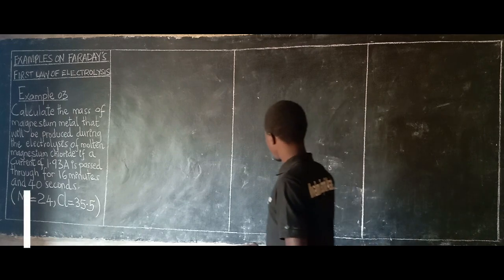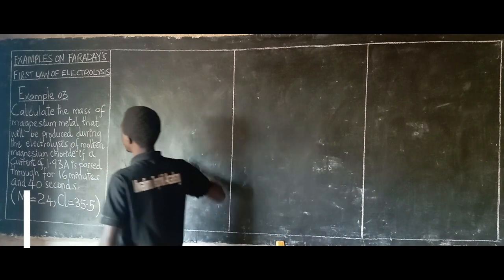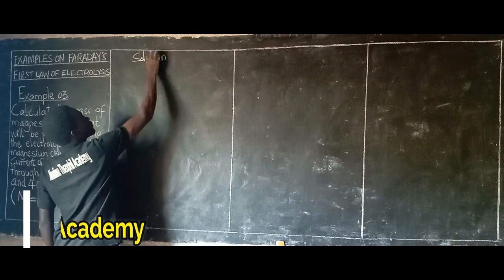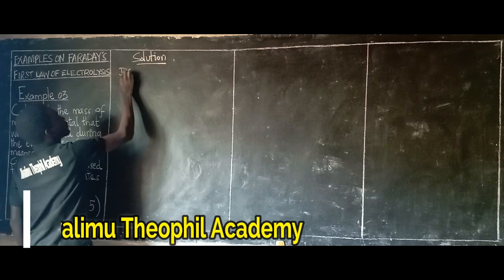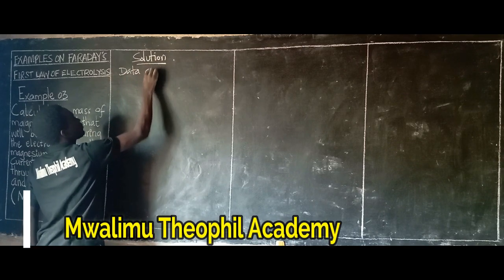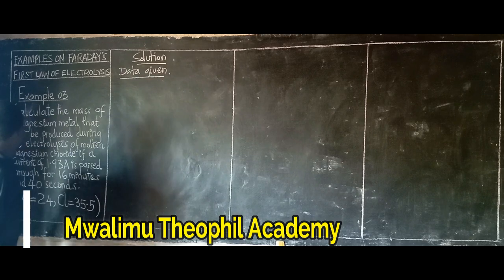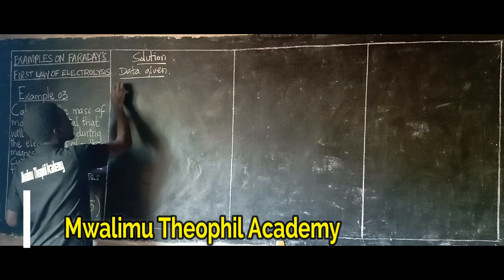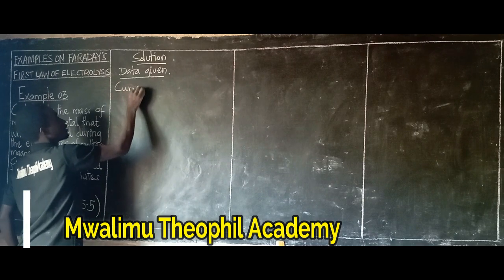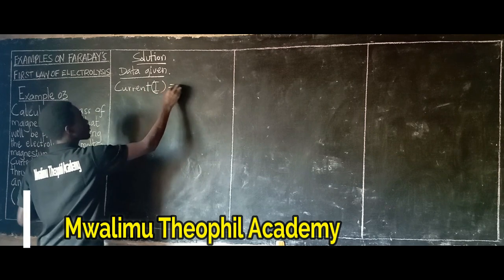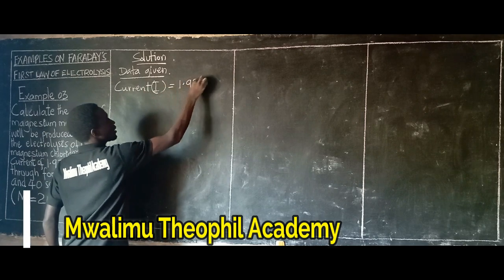Here, let us first analyze the data which we have. Now, solution. Data given. The data given here, we are given the electric current I. We are given that it is 1.93 ampere.